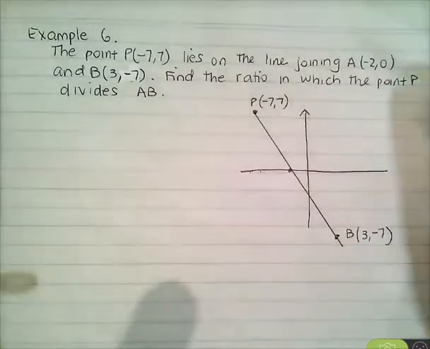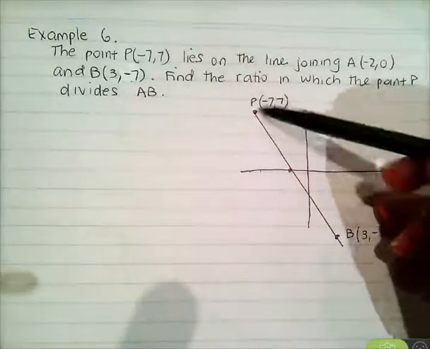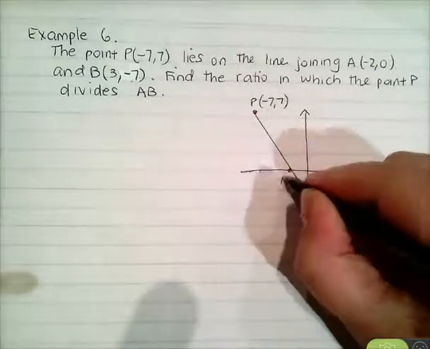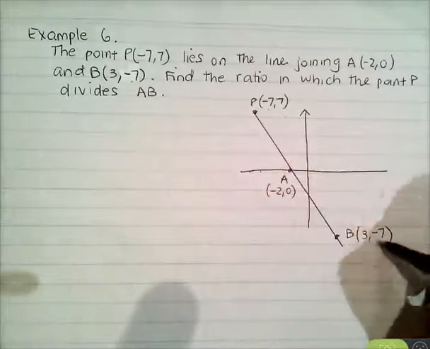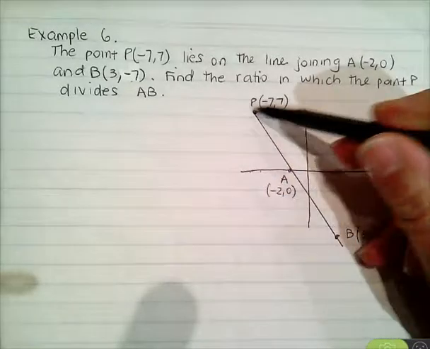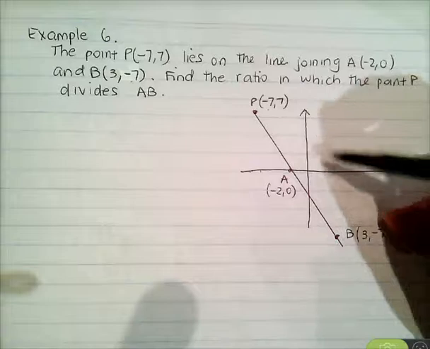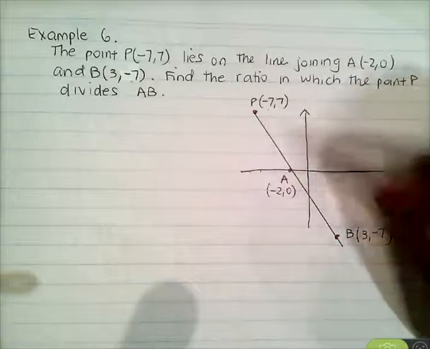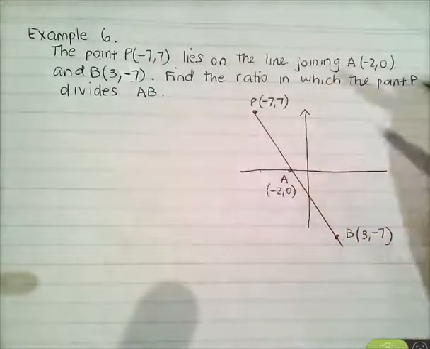So here I'll just do it again. This point P, which is -7, 7, does lie on the line joining the points A, which is -2, 0, and B, which is 3, -7. Notice that P lies outside of AB, so it is an external division, and we have to find the ratio in which point P divides AB.